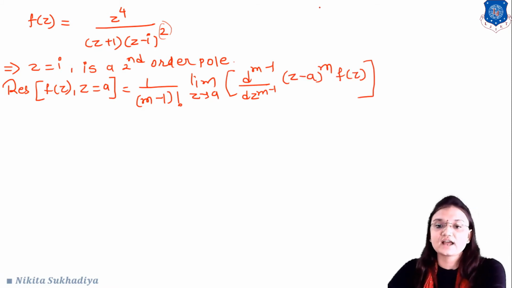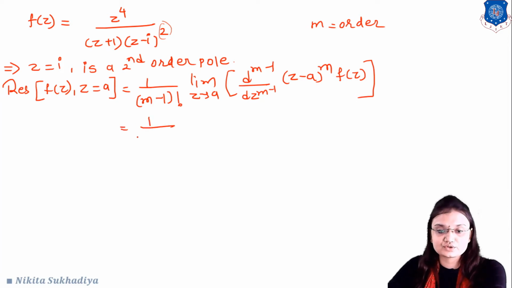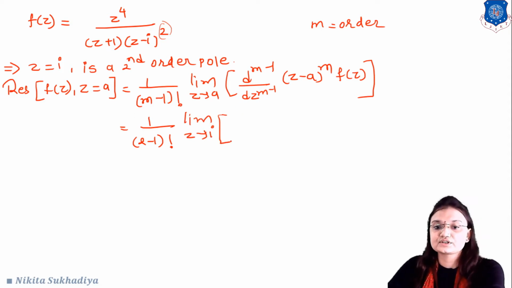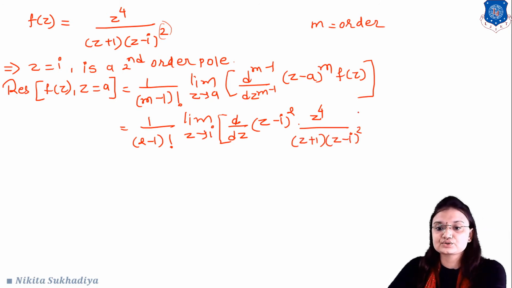Here m is the order, so for z is equal to i the order is 2. Put m is equal to 2, so this becomes 1 upon (2 minus 1) factorial, limit as z tends to i, of d by dz, of (z minus i) raised to 2 into the function z raised to 4 upon (z plus 1)(z minus i) raised to whole square.